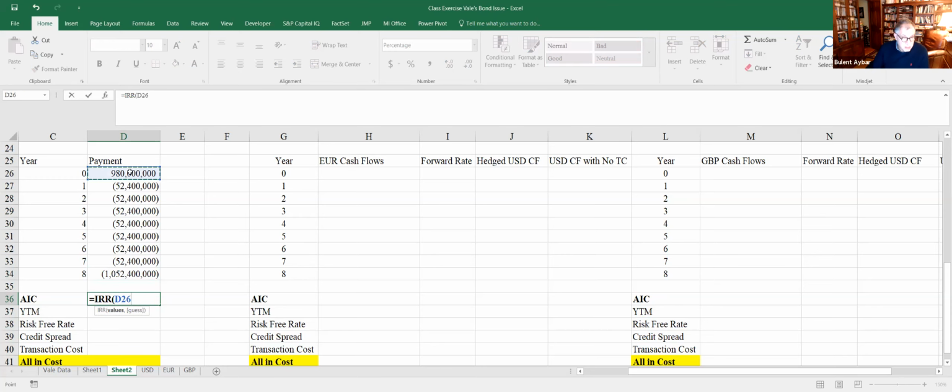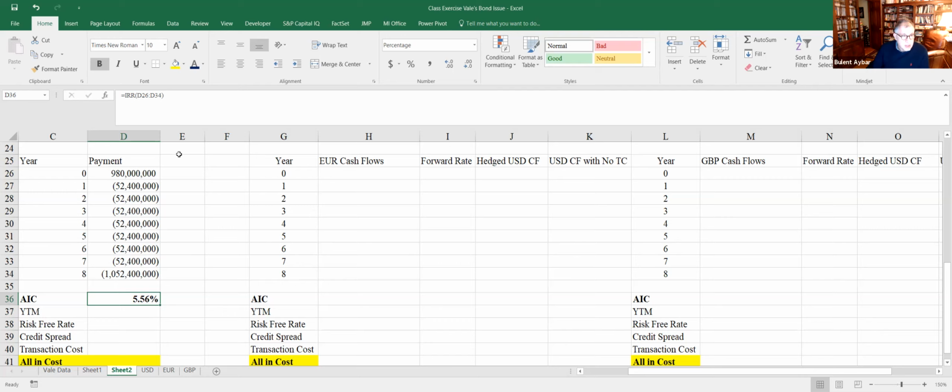Since we received this and paid out this, the receipt also includes the transaction cost. That's why we call this all-in cost, because we accounted for the transaction costs in here. And if you do the math, it turns out to be 5.56%.